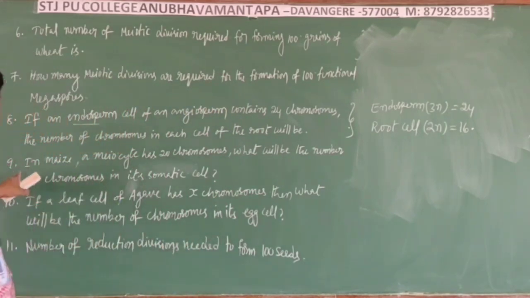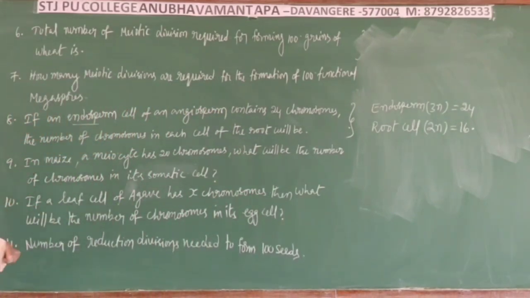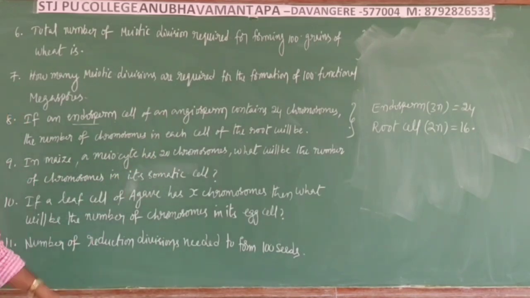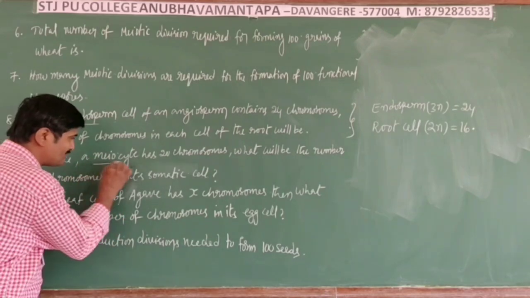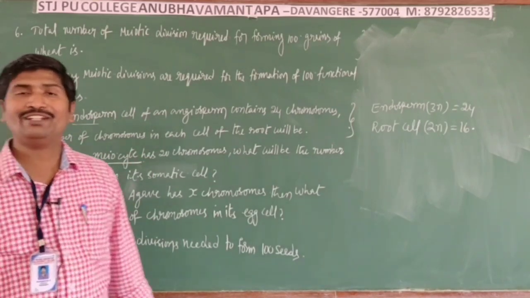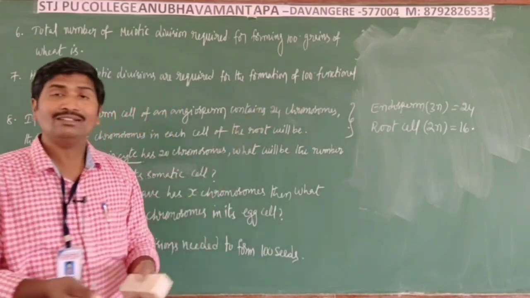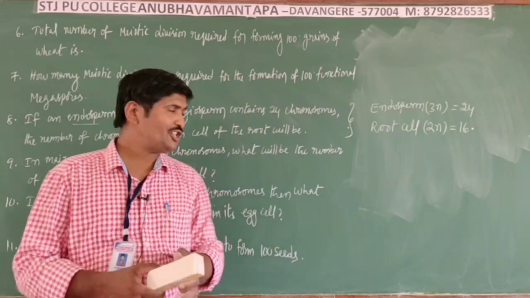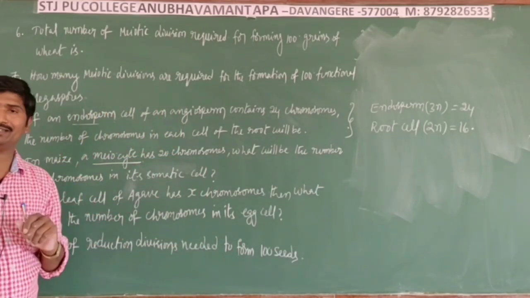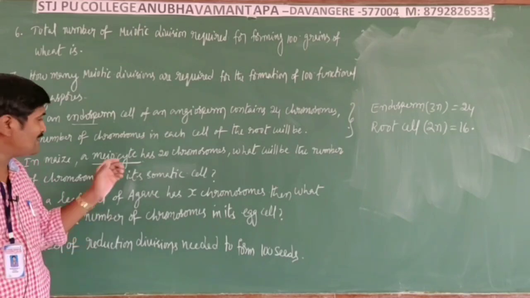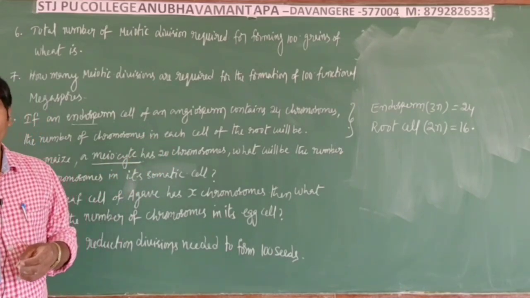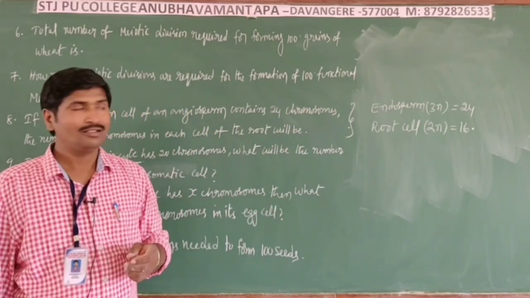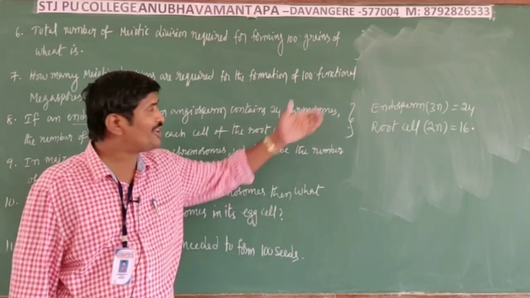Next one, ninth one. In mice, the meiocytes have 20 chromosomes. What is the meaning of meiocytes? The meiocyte is where meiotic cell division takes place. Such a cell or tissue is known as a meiocyte. The cells that undergo meiotic cell division, for example the spore mother cell, pollen mother cell, megaspore mother cell.